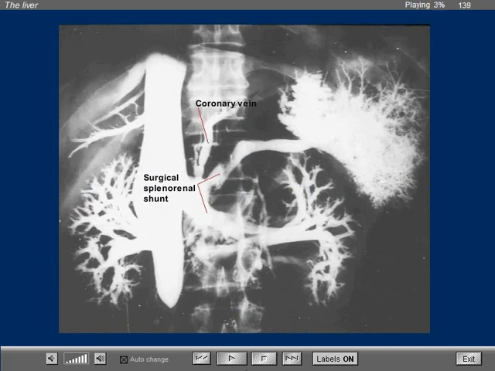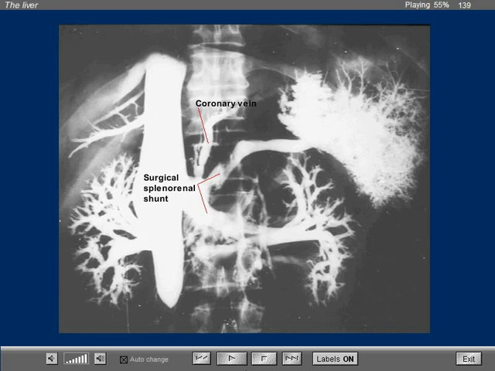This is a cadaver study where the inferior vena cava was injected after ligating its junction with the right atrium and below the renal veins. Note the retrograde filling of the renal veins, splenic vein, coronary vein, and of the spleen. So the splenic vein in this case was anastomosed to the side of the left renal vein.